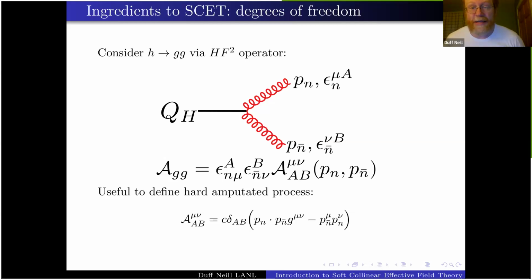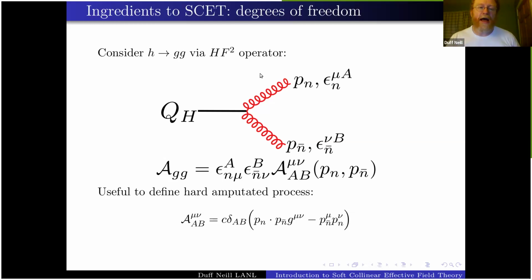One thing that you could sit down and do, and it's a pretty easy calculation, is modify your standard QCD Lagrangian to have an h times F squared operator. In the standard model, this would be generated by integrating out the top quark and matching to an effective theory of the standard model that has your QCD Lagrangian plus your Higgs field coupled to your field strength tensor squared for your gluons.